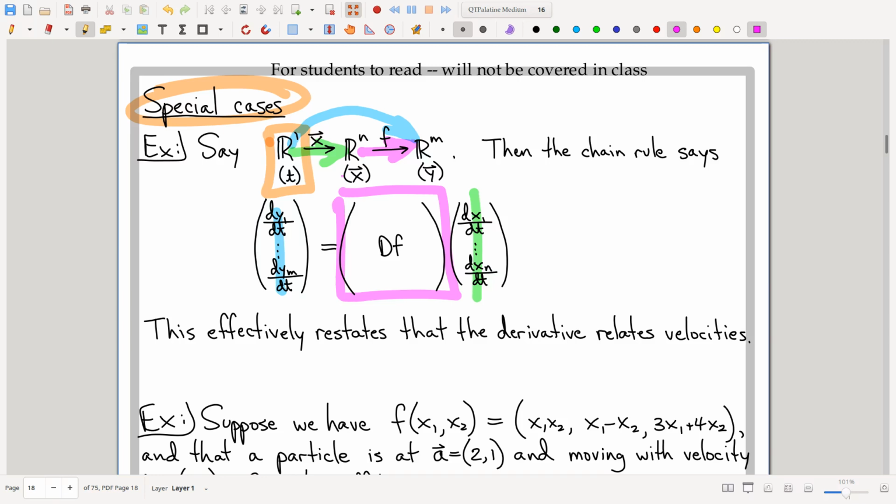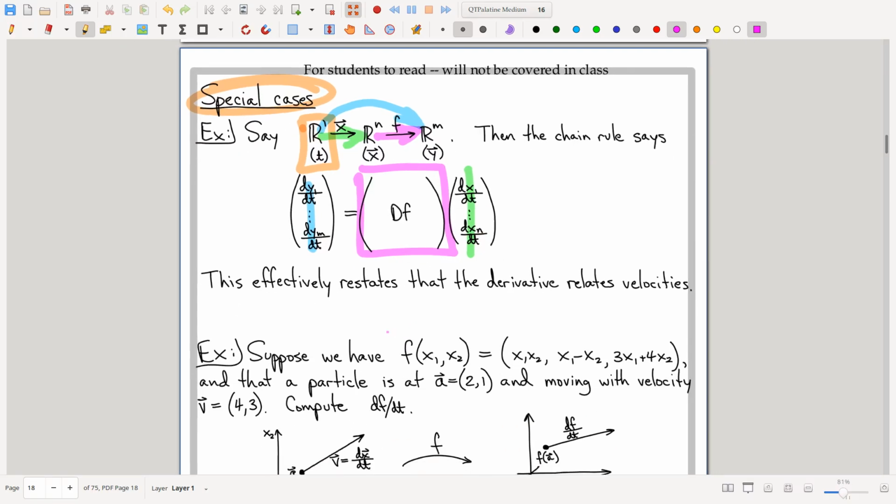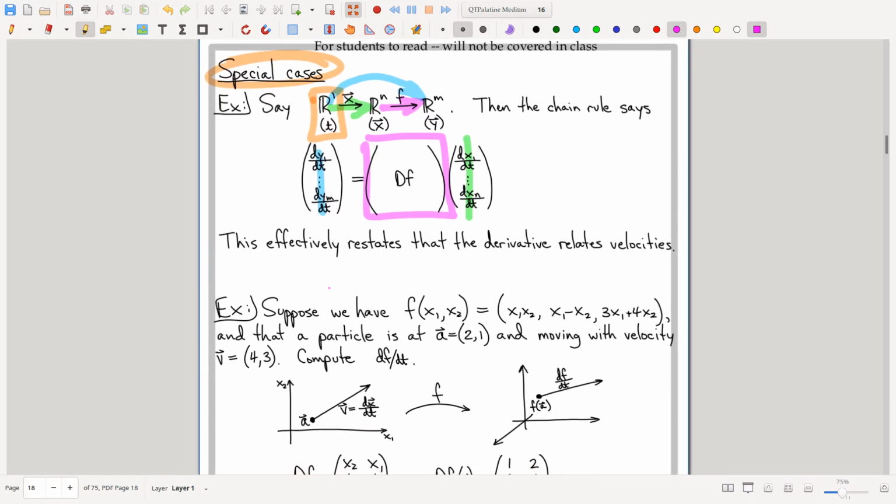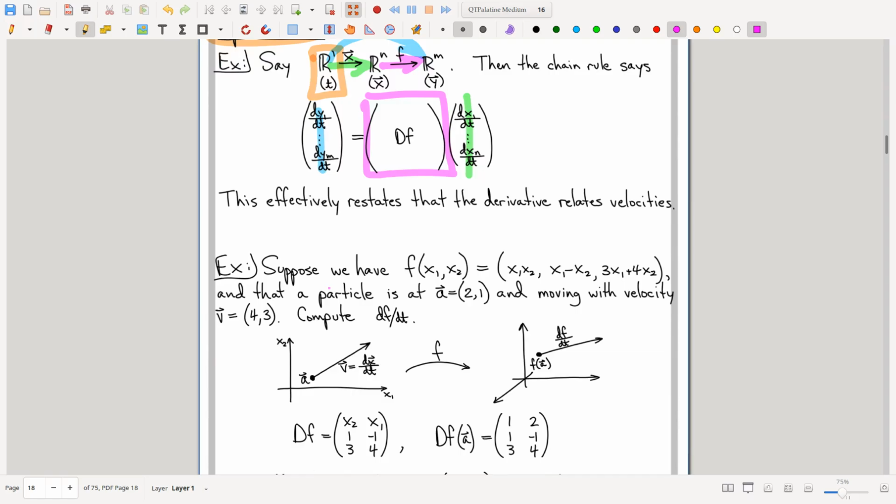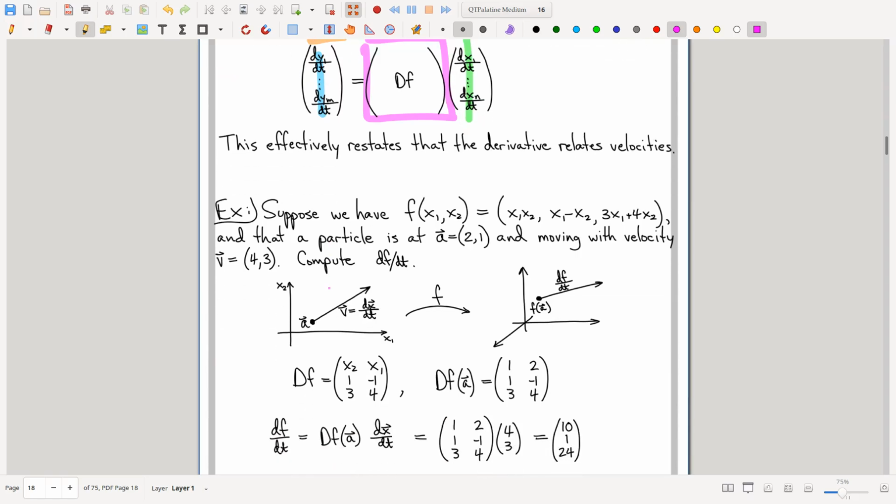Okay, for your consideration, notice this example that follows is straight out of this observation. Can I fit this all onto the screen? Yeah, here we go. So the question gives us an input velocity, and it asks us for an output velocity. And how do we take an input velocity and find the output velocity?